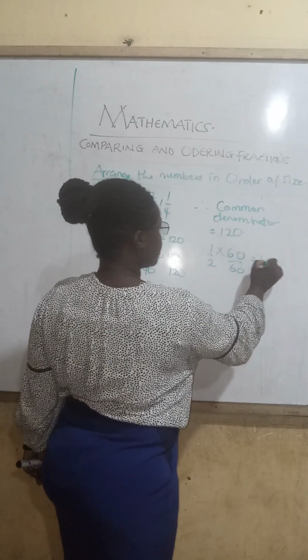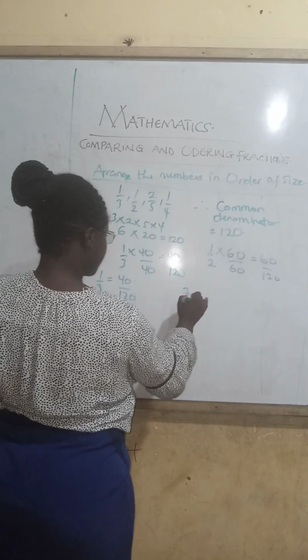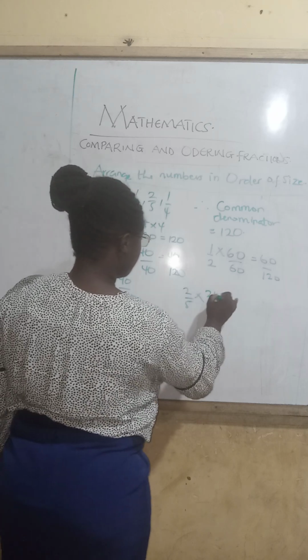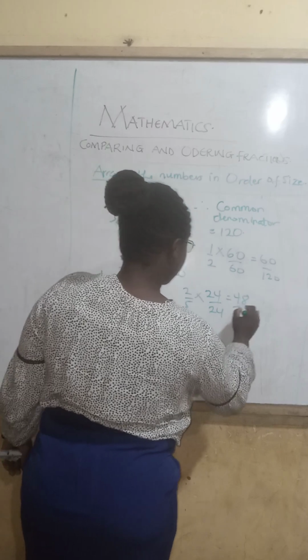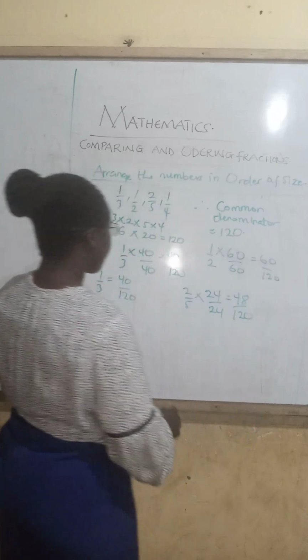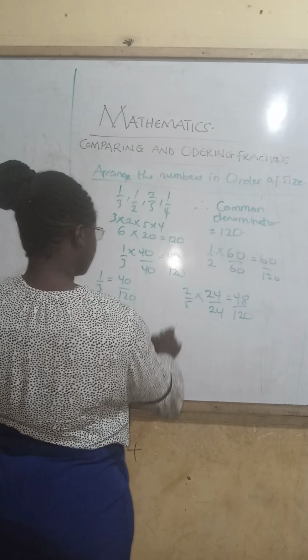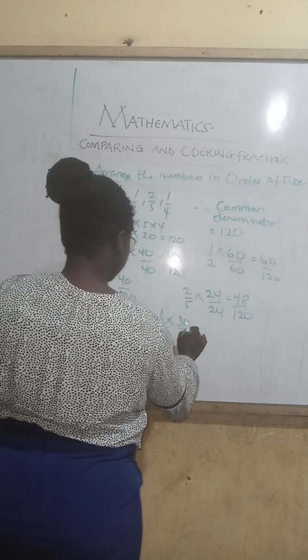So 60 out of 120. How many 5's go into 120? 24. So we have 48 out of 120. And how many 4's can go into 120? 30.